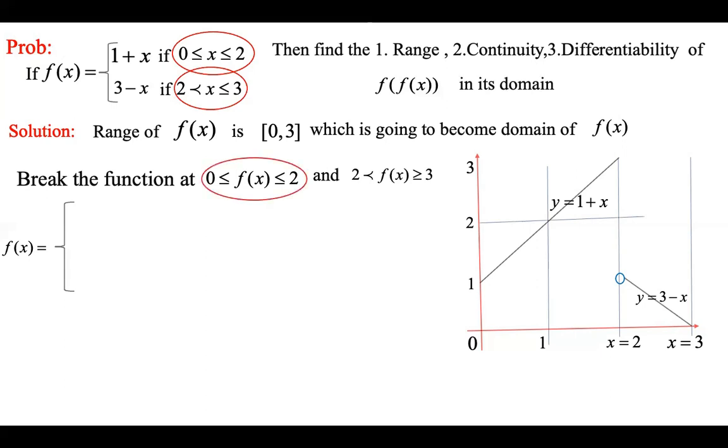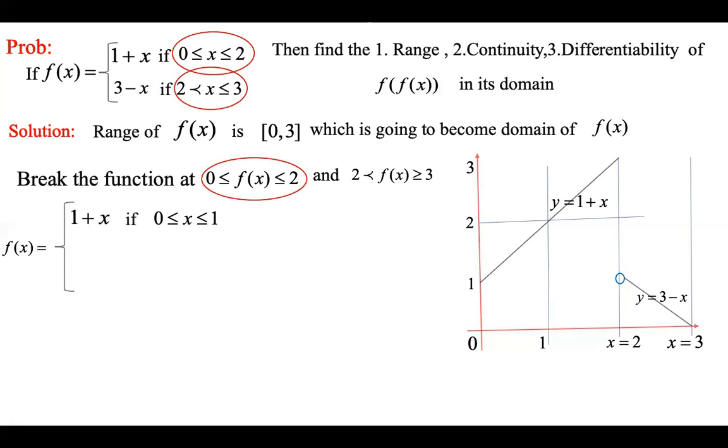As f of x is from 0 to 2, you observe in the graph, along the y-axis, the x coordinate must be from 0 to 1. In this case, the function is nothing but 1 plus x only.